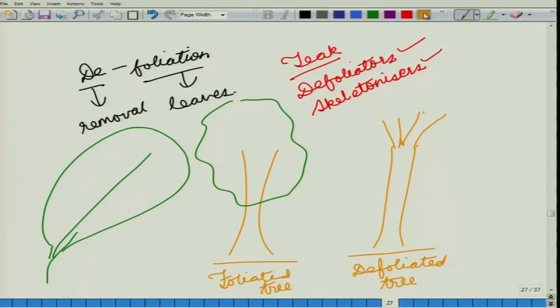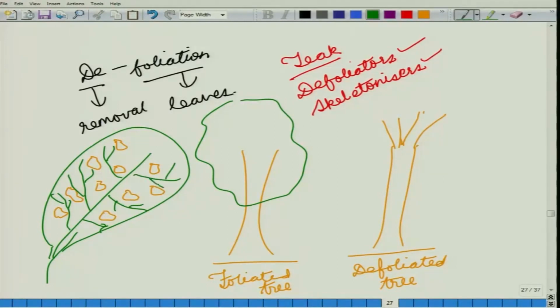So, a skeletonizer would start eating into the lamina and then later on this removal of the lamina would be so much that you would only be able to see these veins of the leaf, but you will not be able to see any of the leaf blade or the lamina. So, all the lamina is eaten away, and whatever remains looks very much like a skeleton. So, that is a skeletonizer. So, some insects such as these defoliators can result in the defoliation of a tree.